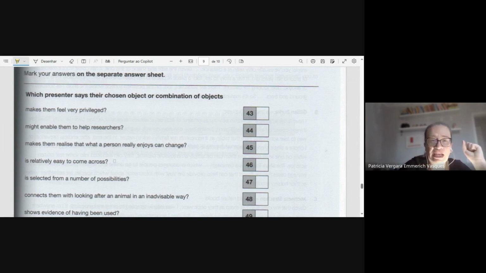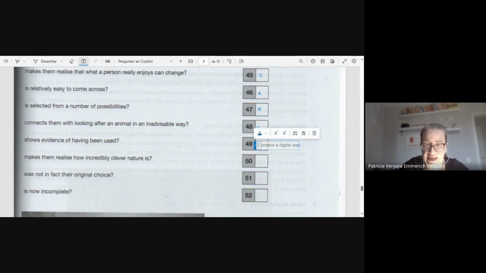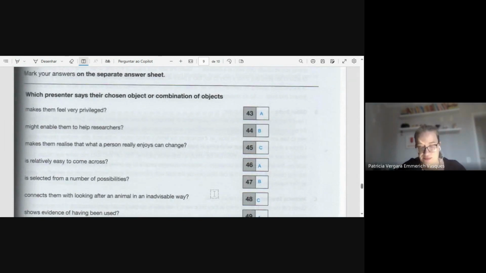So I'll give you just the answers and then we go comparing, right? So 43 is A, 44 is B, 45 is C, 46 A, 47 B, 48 C, 49 A, 50 D, 51 C, and 52 A. But now let's understand why, okay?